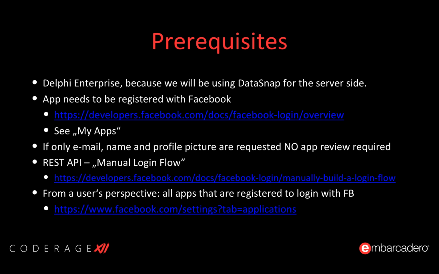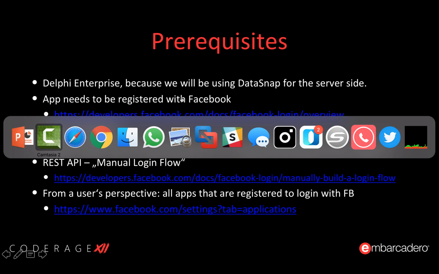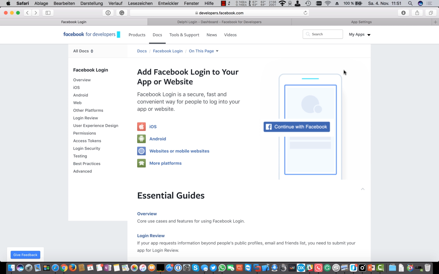Well, first, of course, you need to register your application with Facebook. The link that you see down here is basically the overview about the whole Facebook login API, and let's have a quick look at that web page. This is an overview, obviously.